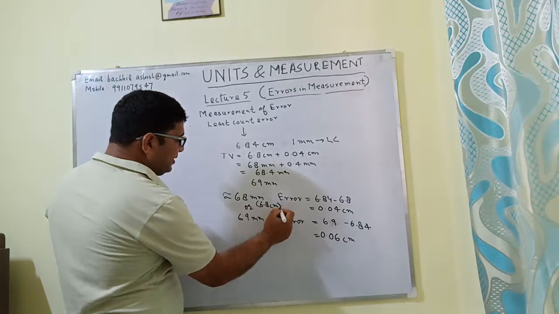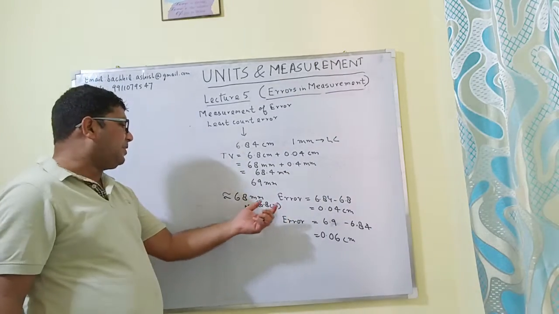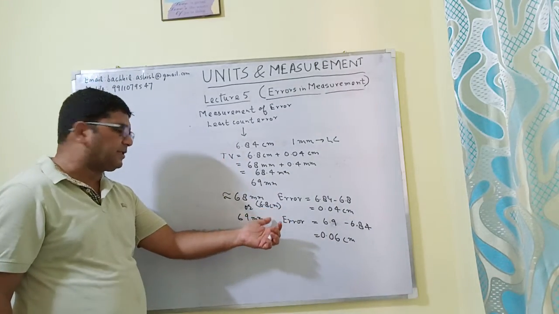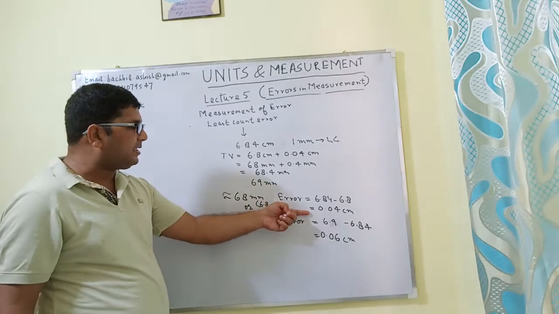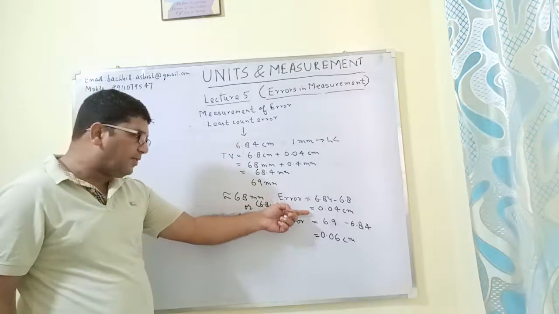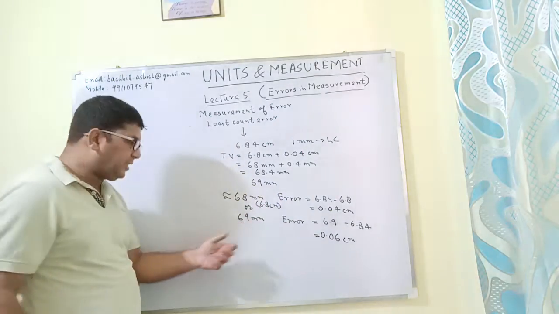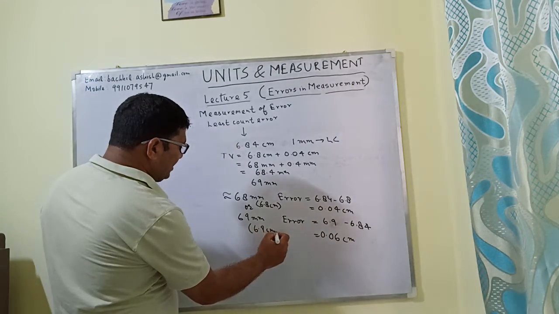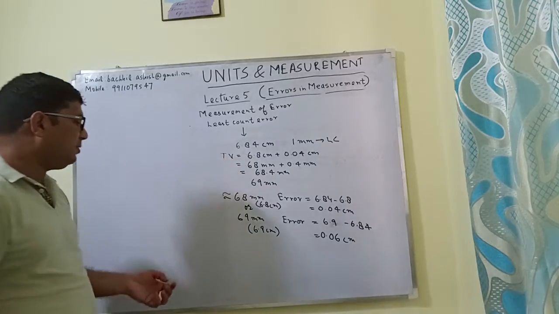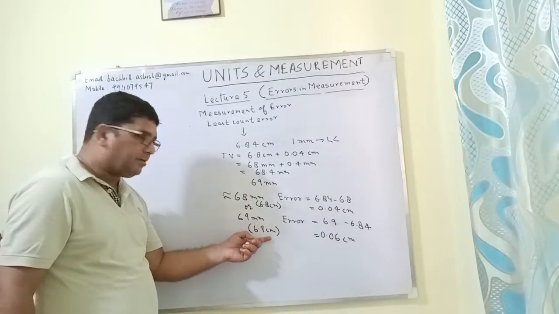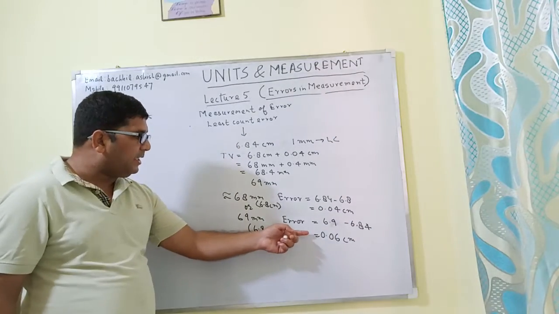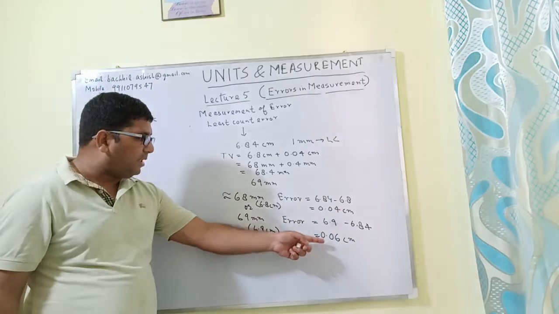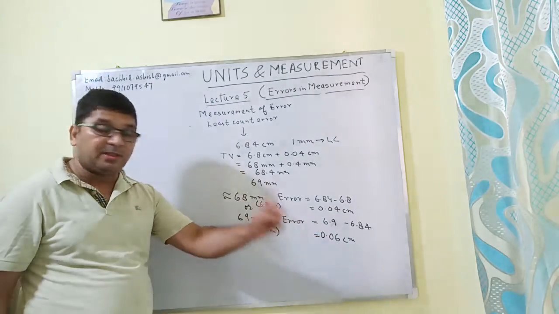If I say that the length of that physical quantity is approximately 6.8 centimeter, in that case the error is coming out to be 0.04 centimeter. But if I say that the length of that physical quantity is equal to 6.9 centimeter, then the error will come out to be 0.06 centimeter.